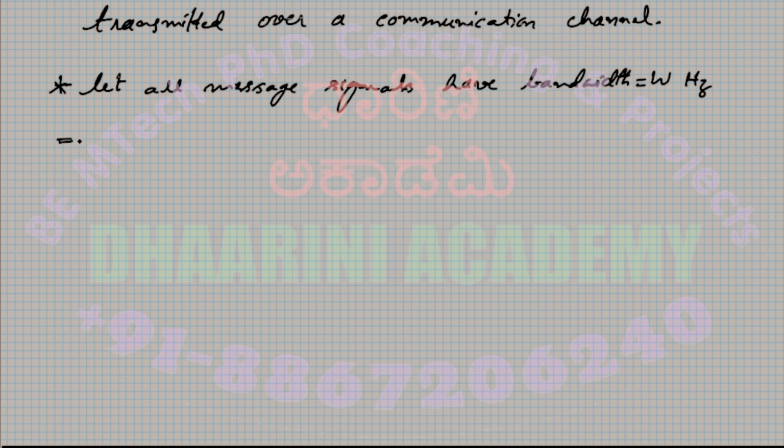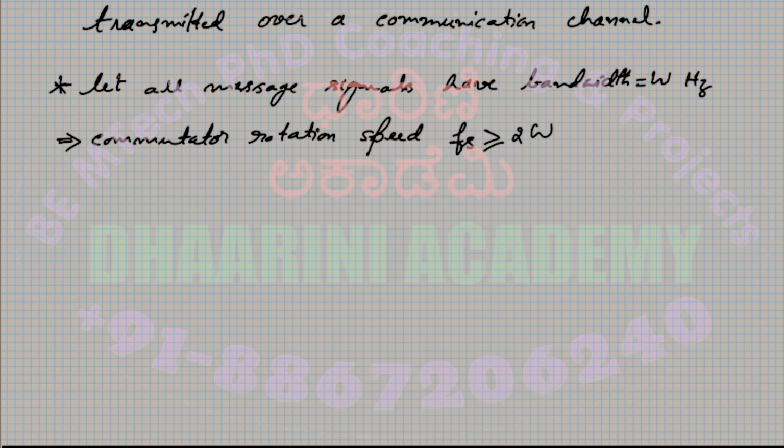So this implies the commutator should rotate at a rate greater than 2W, correct? This means the commutator rotation speed must be, I can give a notation here, that itself is a sampling, where the sampling is being done. So Fs should be greater than or equal to twice this W, so that the successive samples from a given message signal are spaced by the required amount in time.